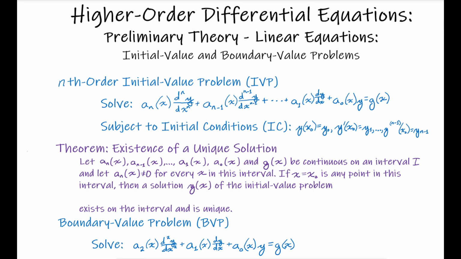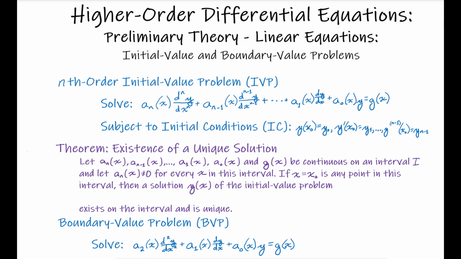Now, in order to be an initial value problem, we need to set that differential equation subject to some initial conditions, or ICs. So, if we have an nth order initial value problem, we need n initial conditions. Those initial conditions will look like our initial value of x, x naught. If we take y of x naught, then we get an initial value of y, y naught.